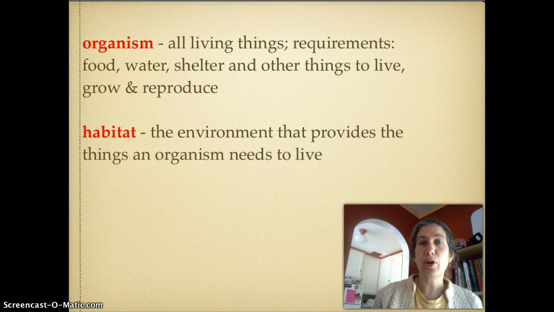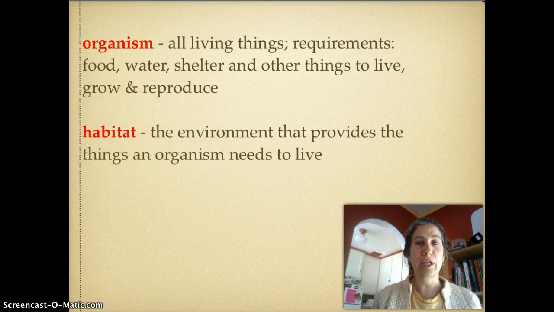So some of the vocabulary words for today are organism. Once again, you might need to pause to take these down on the right side of your Cornell notes. So organism, all living things are considered organisms. So I'm an organism, you're an organism, bunnies are organisms, plants are organisms, bacteria are organisms.